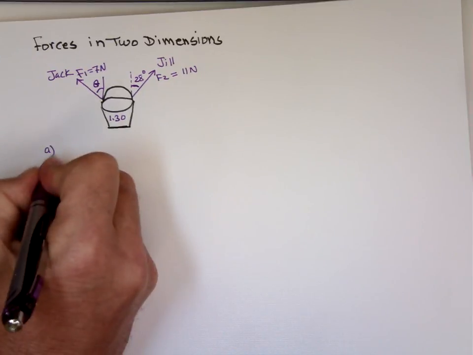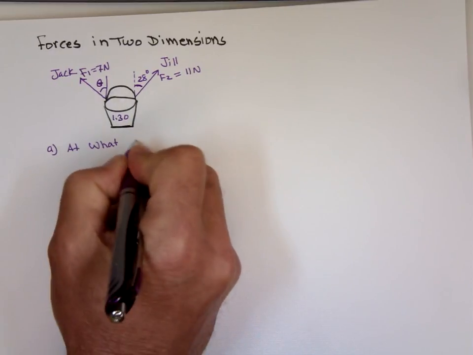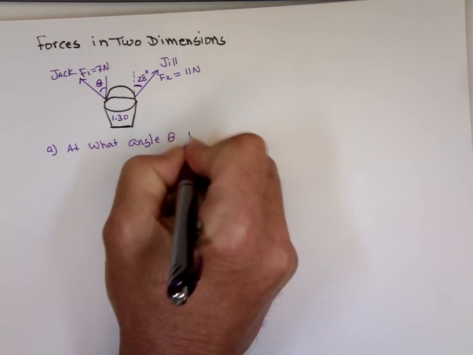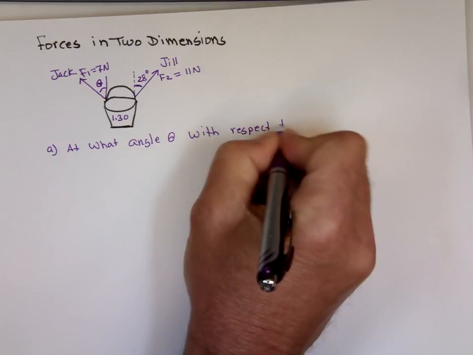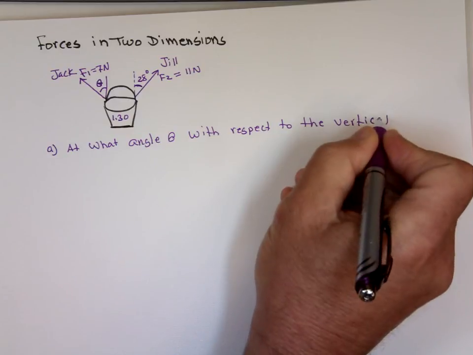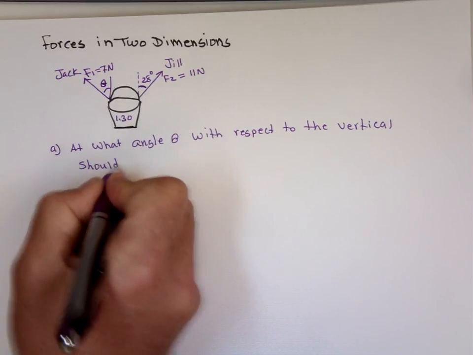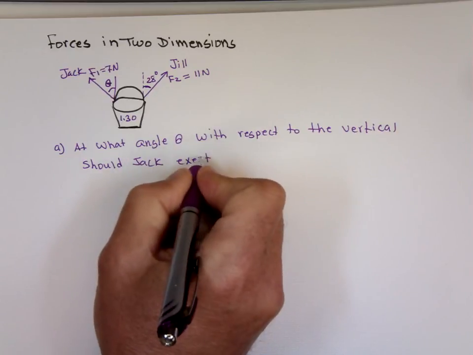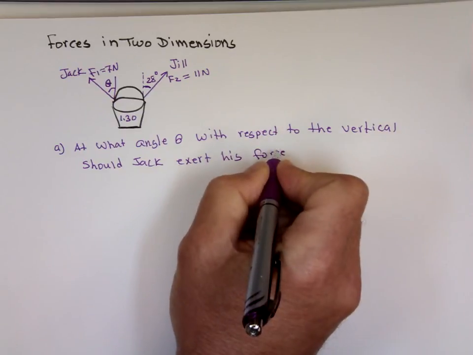Question 1, or A, at what angle theta with respect to the vertical, I drew it with respect to the vertical, you can see it, should Jack exert his force to do what? For some reason, to do what?